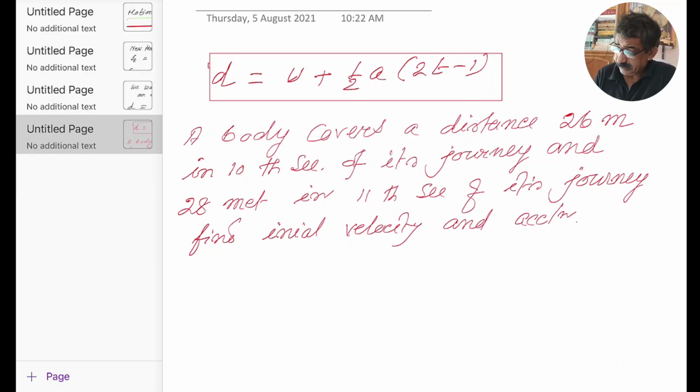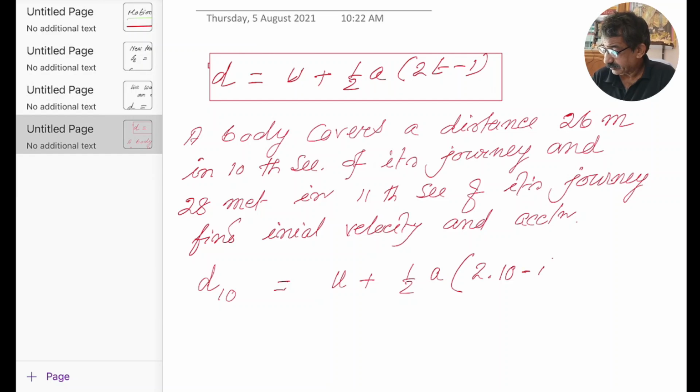Now we can write from this d10 is equal to u plus half into a into 2 into, in place of time, t is equal to 10 minus 1, and d11 is equal to u plus half of a into 2 into 11 minus 1.